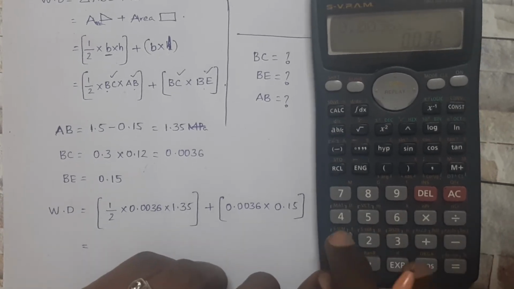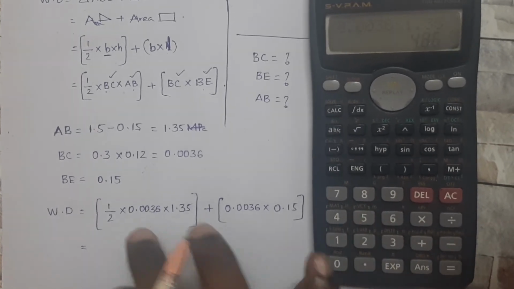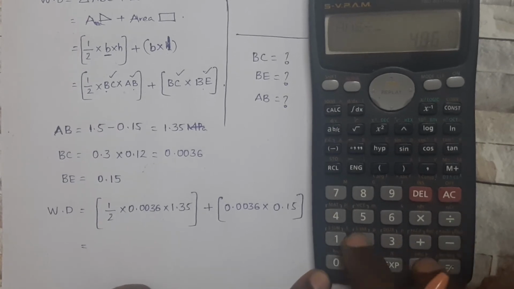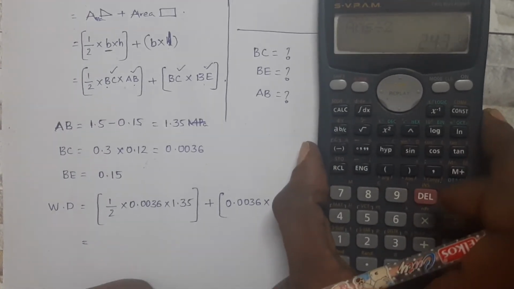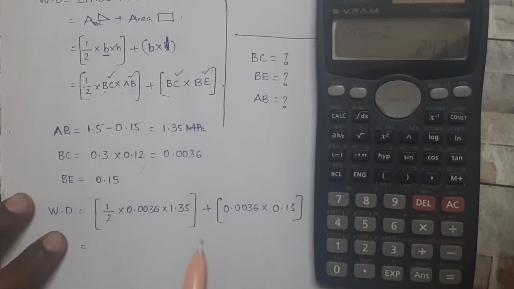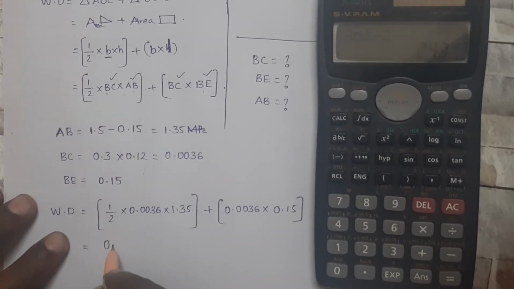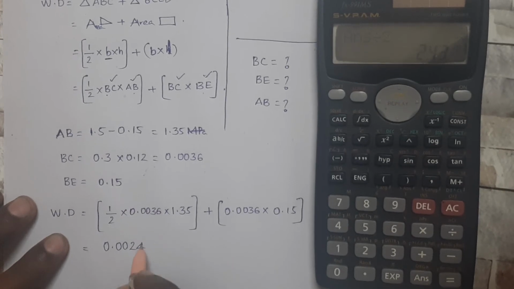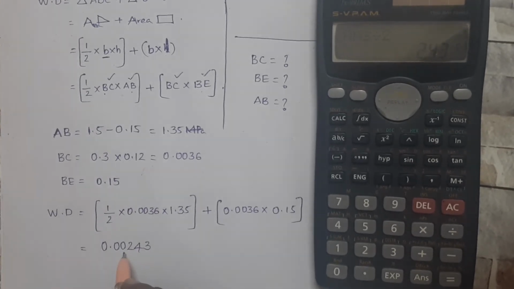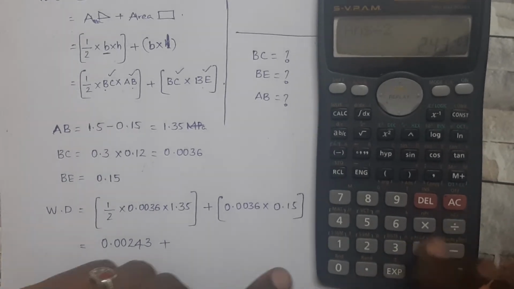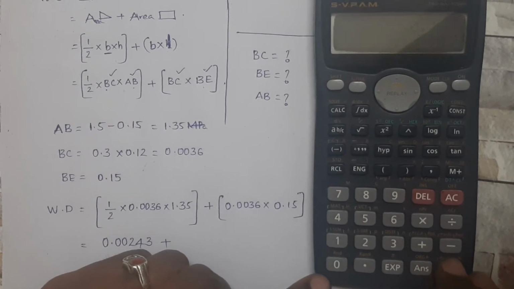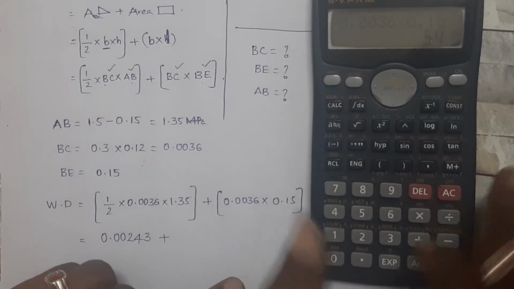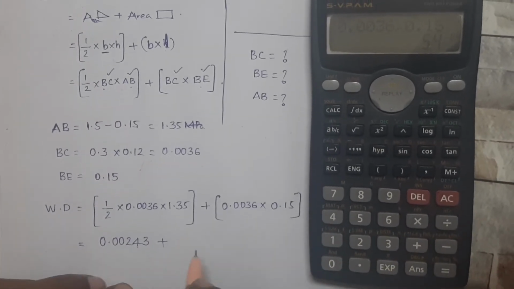0.0036 into 1.35. We'll first multiply this one divided by 2. We'll get some answer as some 2.43 into 10 power minus 3. So into minus 3 is 0.00243. Power minus 3, we have to add 2 zeros here, plus 0.0036 into 0.15. Something like 5.4 into 10 power minus 4.